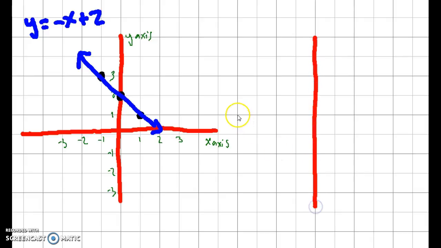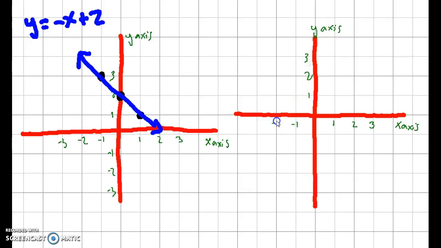X-axis and y-axis. Draw a little bit above this time. So again, labeling it so you guys know. X-axis, y-axis, 1, 2, 3, 1, 2, 3, -1, -2, -3, -1, -2, -3. All right.